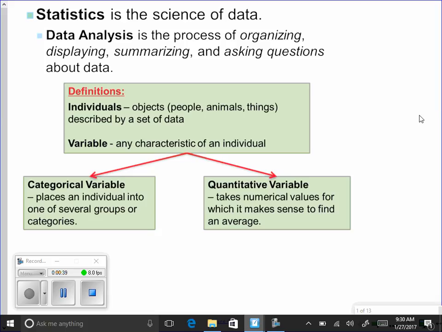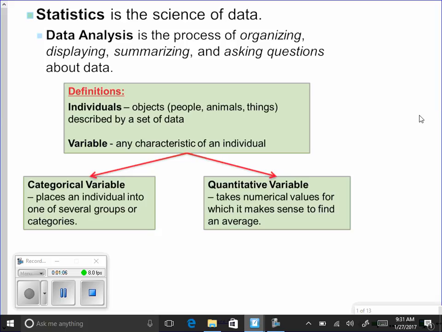The first few definitions that you really need to learn, and go ahead and learn them now because it's going to make the rest of this class much easier. In data, we have the individuals. These are the objects. They could be people, animals, or things, and they are described by a set of data. The variable is any characteristic of an individual.